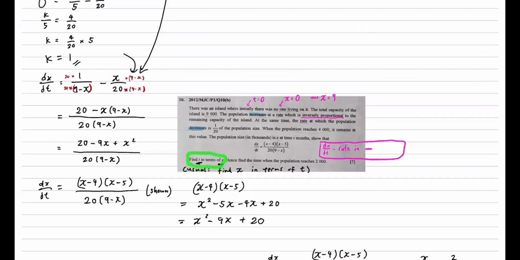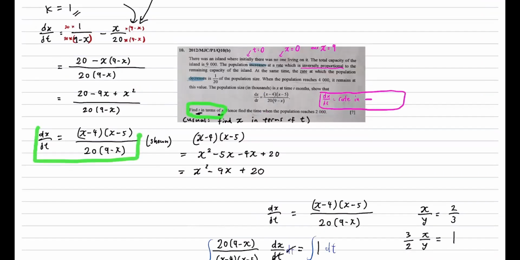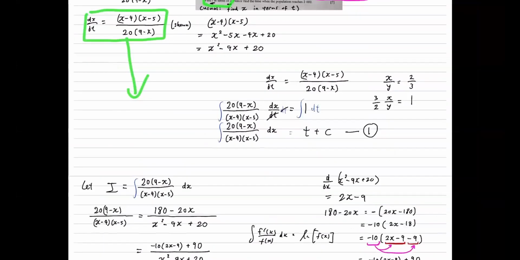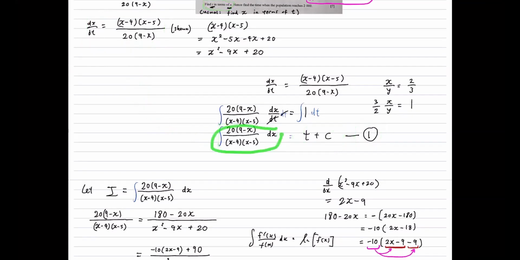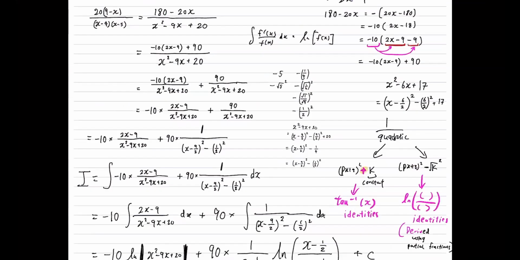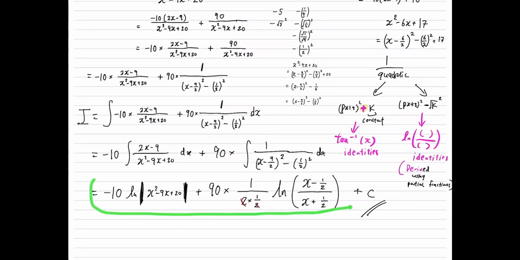Okay, so what we have is dx by dt equals to this guy, and we are trying to find out. Well, we reach here, right? So we only managed to find the left-hand side of this equation. Don't forget the right-hand side, there's a t plus c in equation 1. So now we have to substitute I, which we found out to be this guy over here.